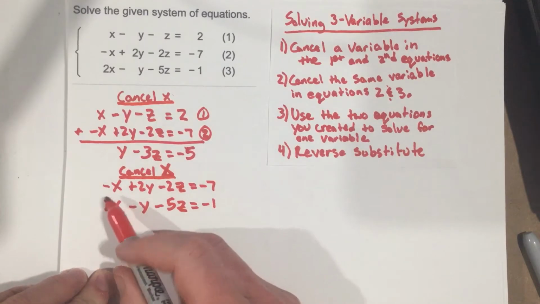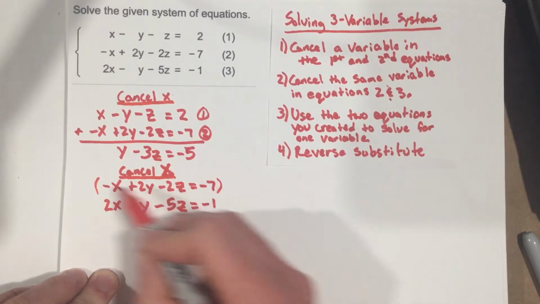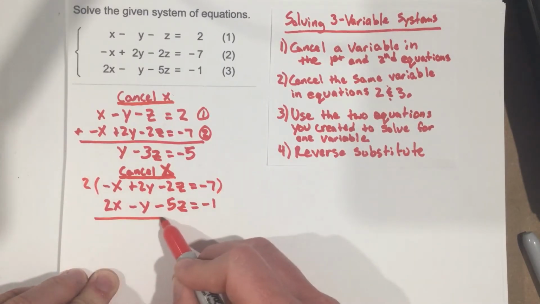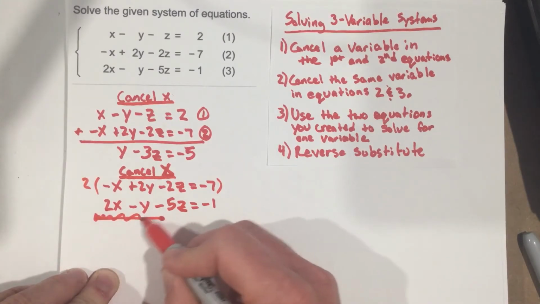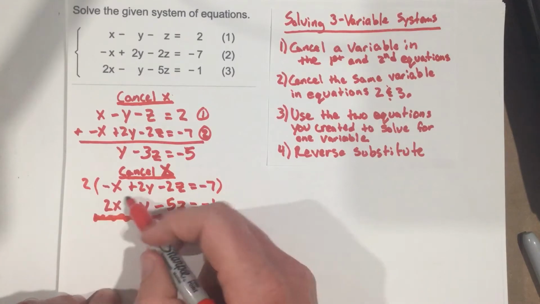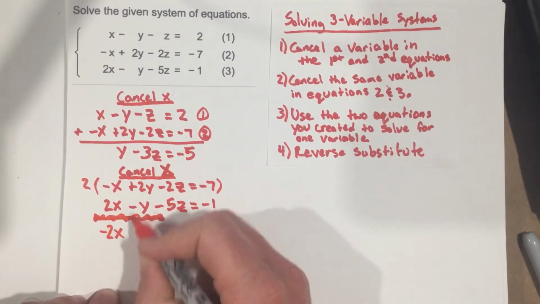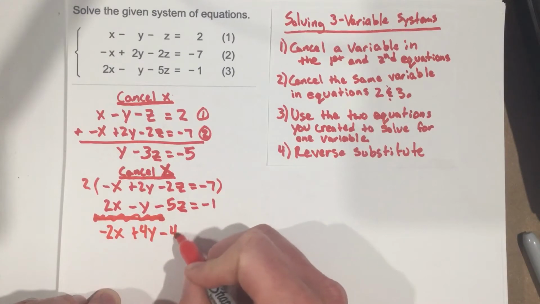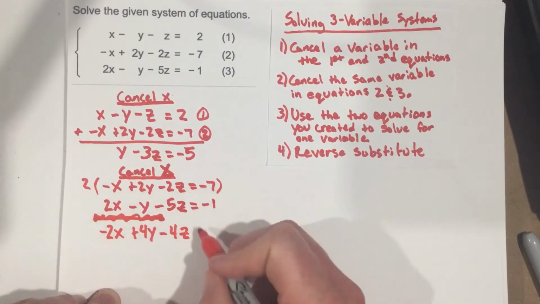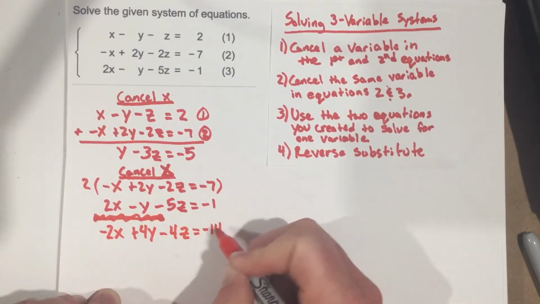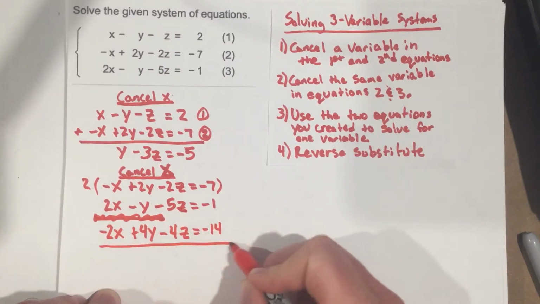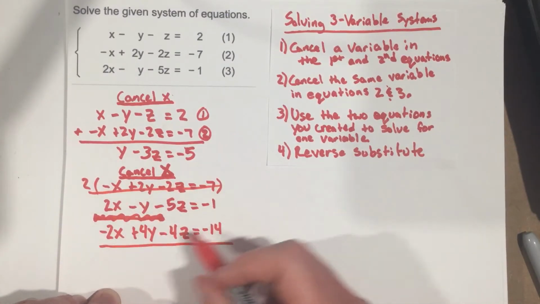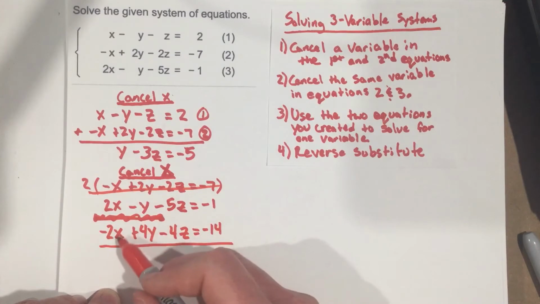So I'm going to cancel x by multiplying the top equation by 2. So I got negative 2x plus 4y minus 4z, and then 2 times negative 7 is negative 14. Then I'm going to add this equation with this equation.